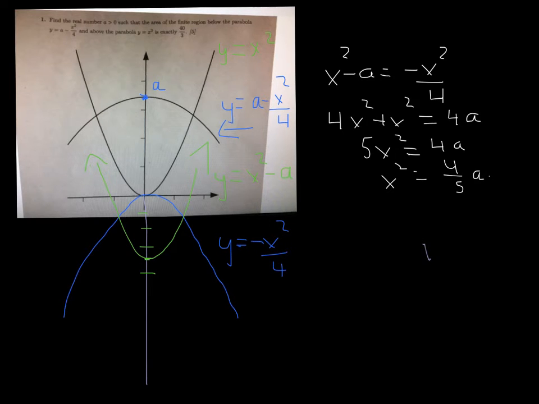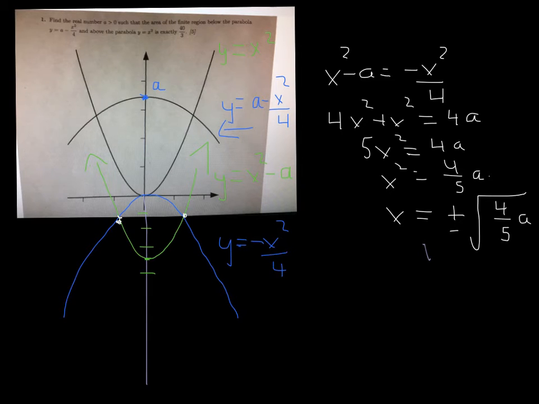So x is going to be the square root of that, and when we take the square root, it's a plus or minus, so that gives us the x on either side of the y-axis. So that's going to give us the x value here and the x value here where those two curves intersect. So what it gives you basically is your a and your b for your definite integral.